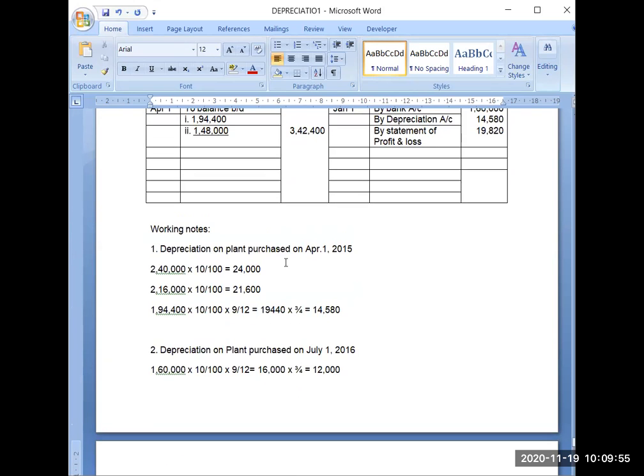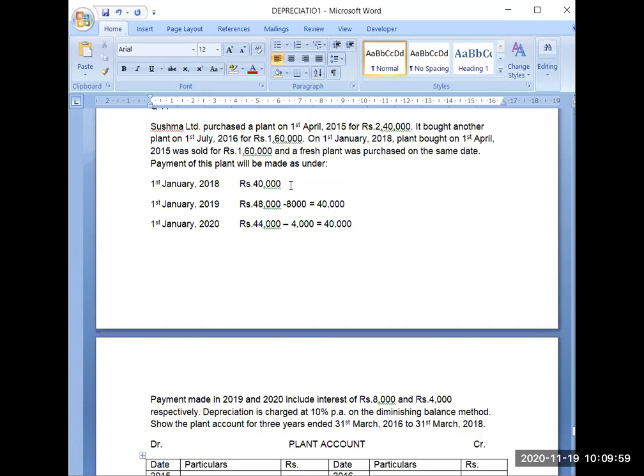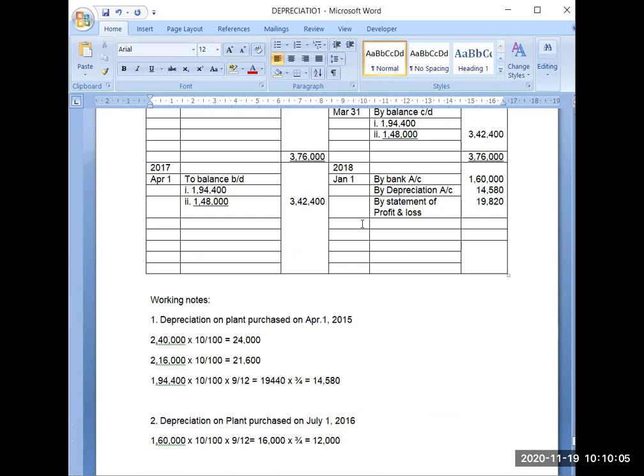And out of this 1,20,000, we are making payment of 40,000 on the date of purchase. Rest 80,000 we will be paying later on. So now the entry will be here. January 1 to bank account 40,000.